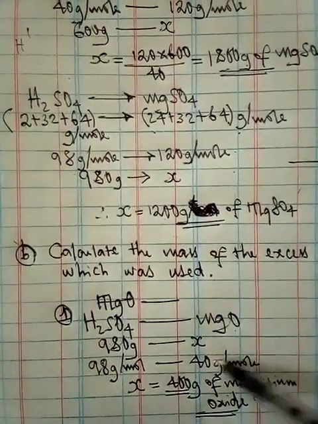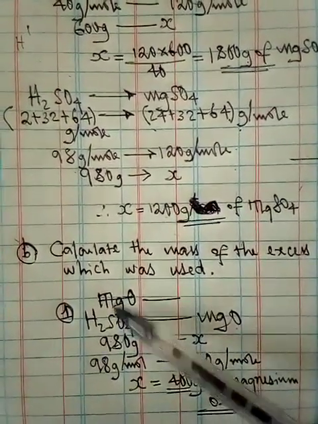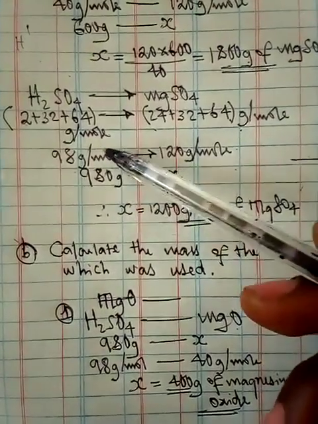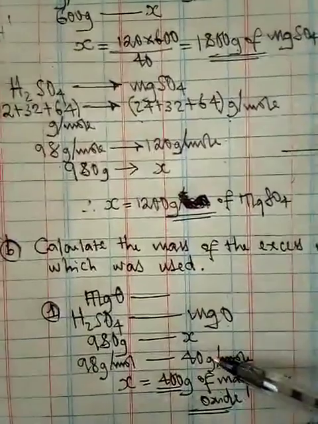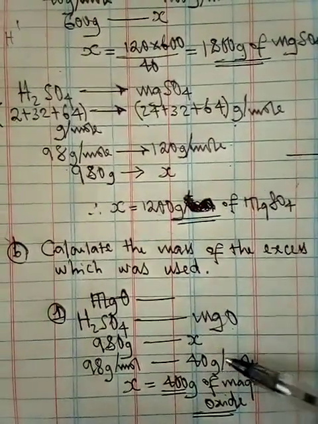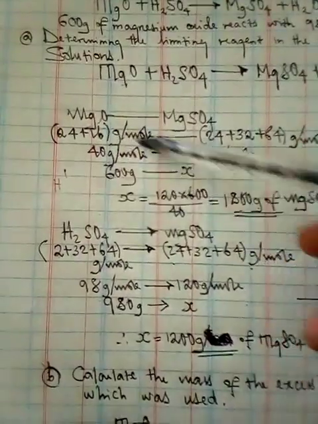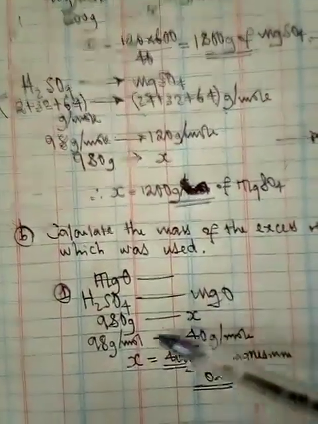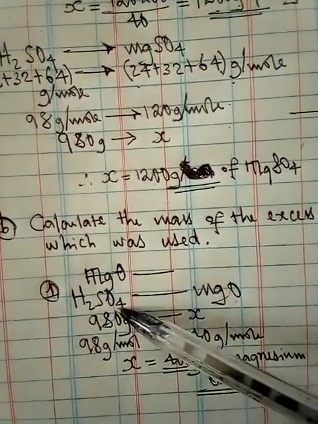Again, you establish their molar masses. The molar mass of sulfuric acid was already established. That was 98 grams per mole. Nothing has changed. The molar mass of magnesium oxide is 40 grams per mole, just like we had established in the beginning. Again, nothing has changed. So upon doing that, notice 98, 980.